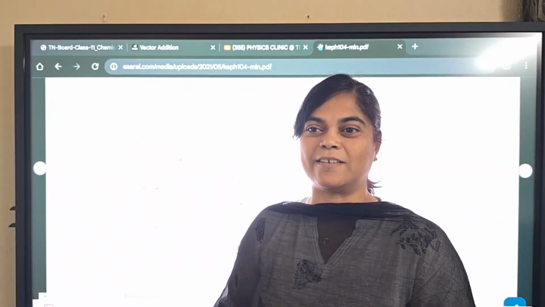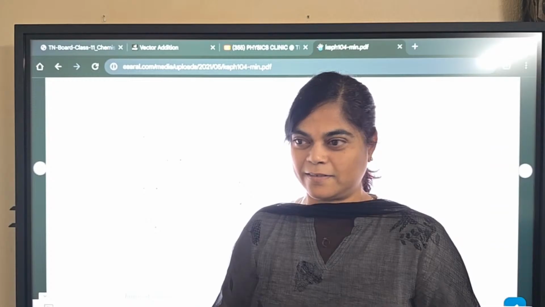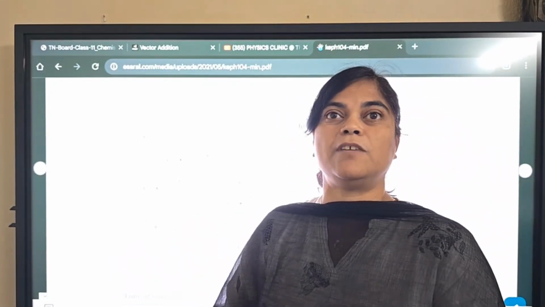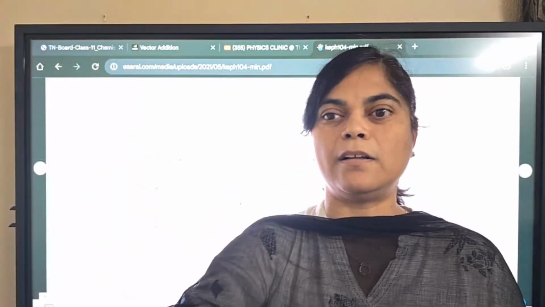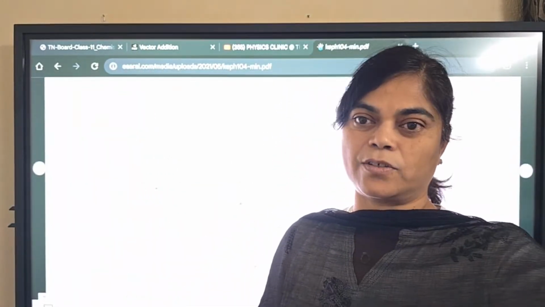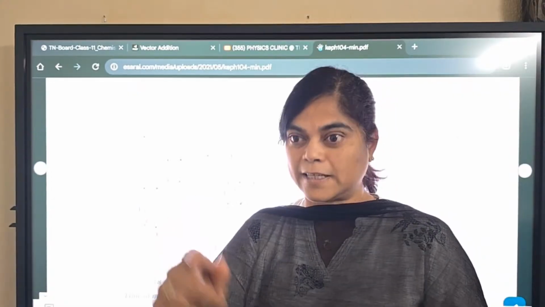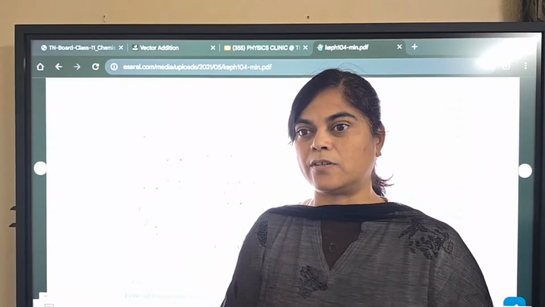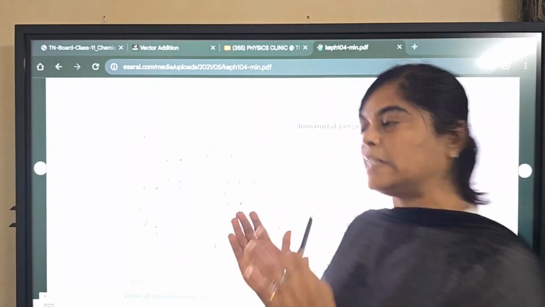That is our target. Likewise, if I throw at which angle does it reach the maximum range? The angle, the direction, decides the maximum range, right? So we are going to discuss that.